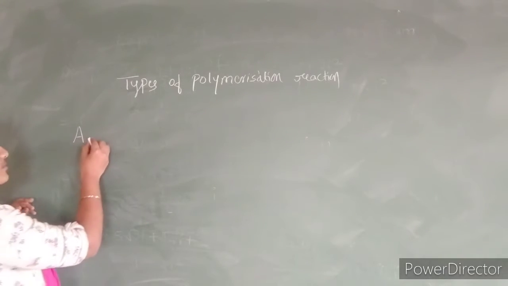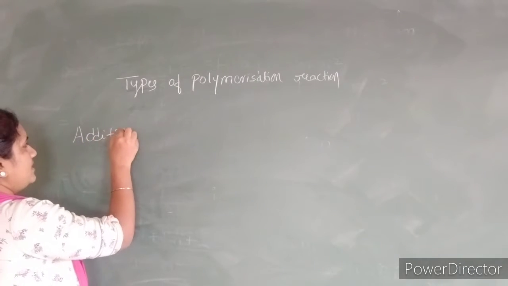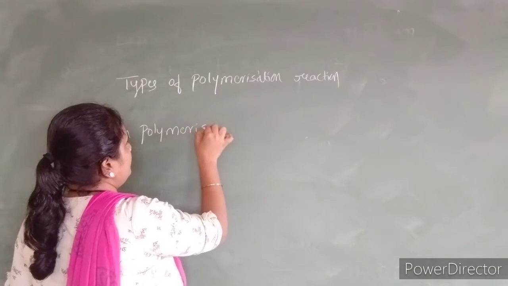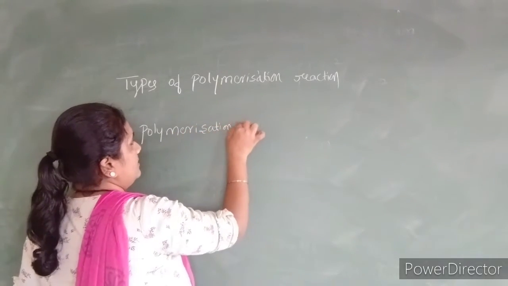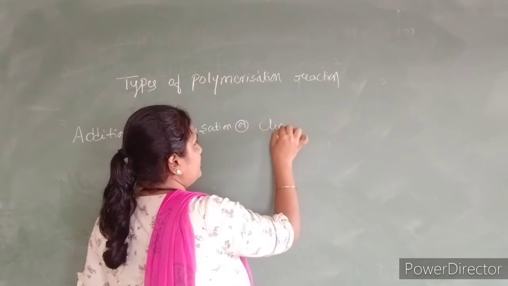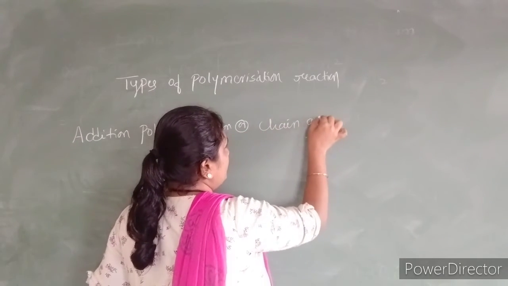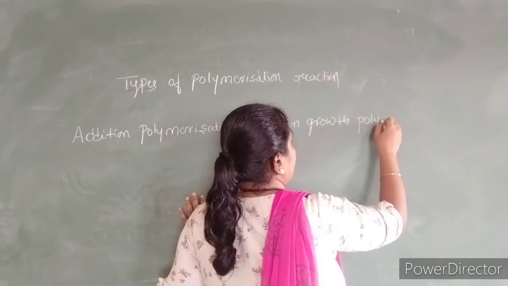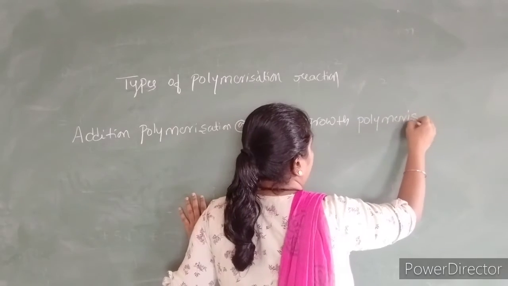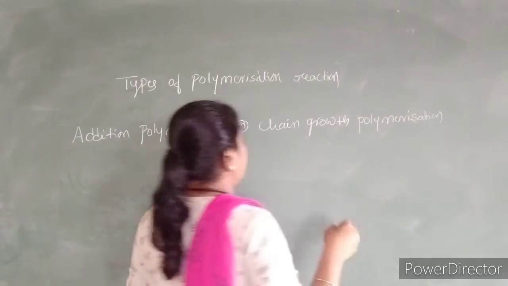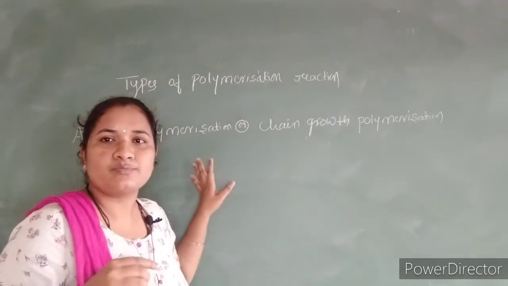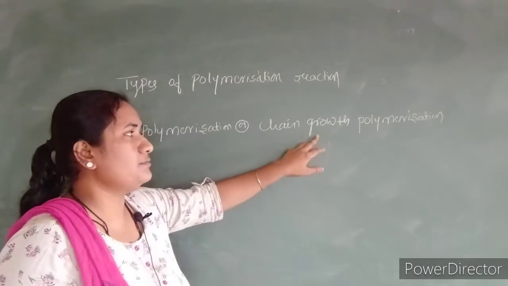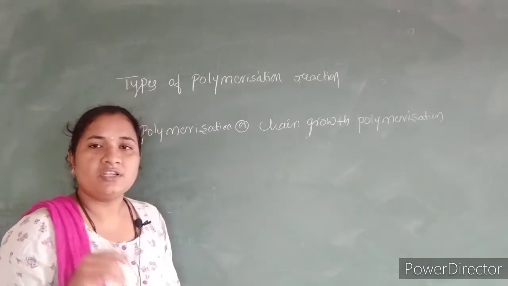Firstly we discuss the addition polymerization process, also called chain growth polymerization. It is called chain growth because during this process the length of the chain increases. That is the chain growth polymerization process.